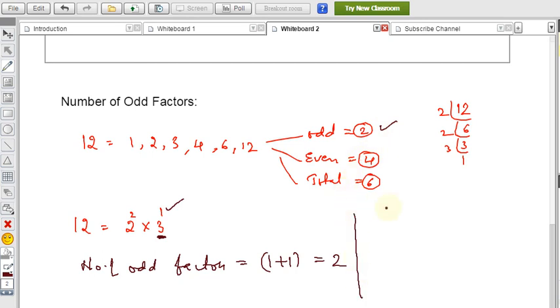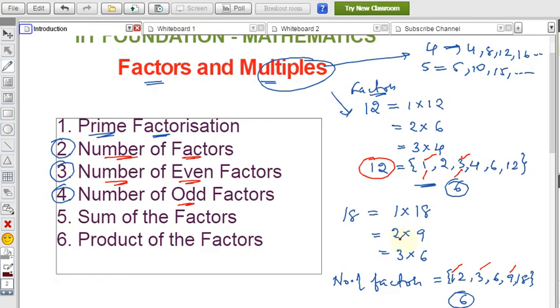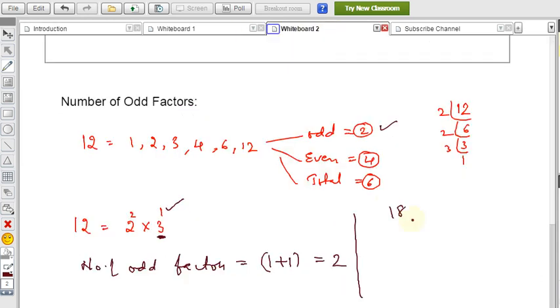Okay, check with 18 also. We already did 18 previously. We have factors 1, 2, 3, 6, 9, 18. So there are 3 odd factors for this: 1, 3, 9. Now we'll check with 18 using the prime factorization method. 2 nines are 18, 3 threes are 9, and 3 ones are 3.